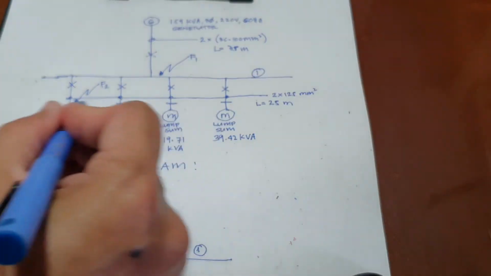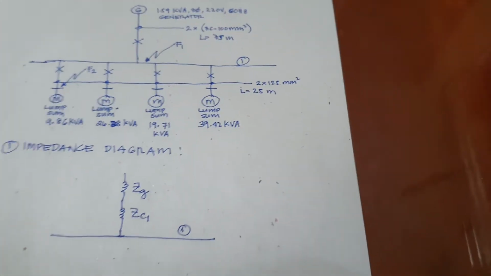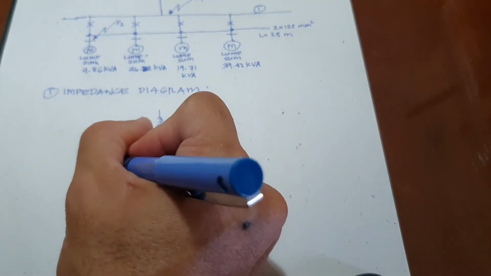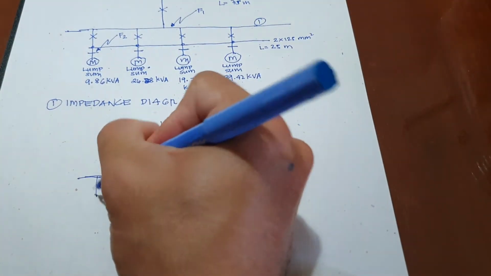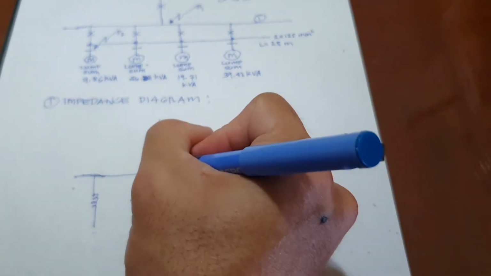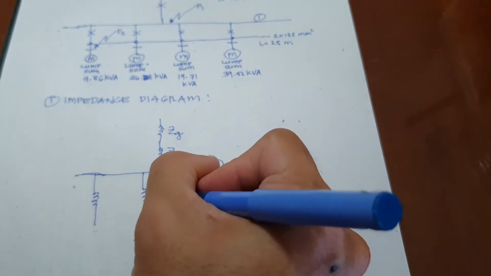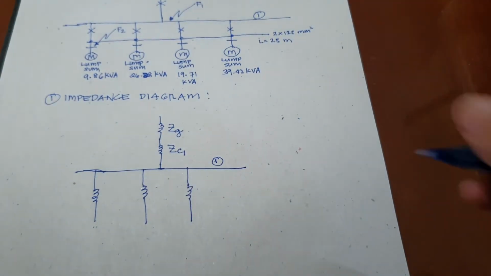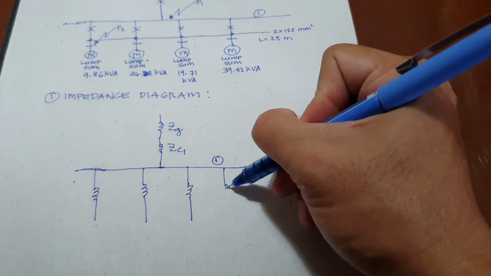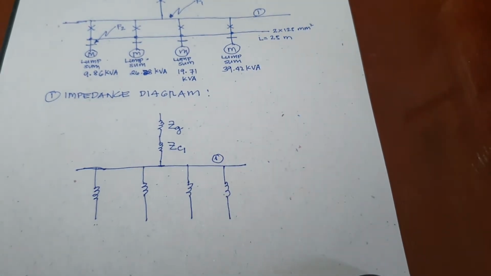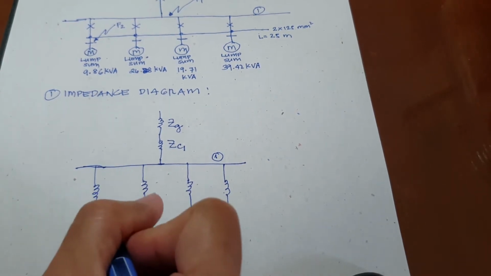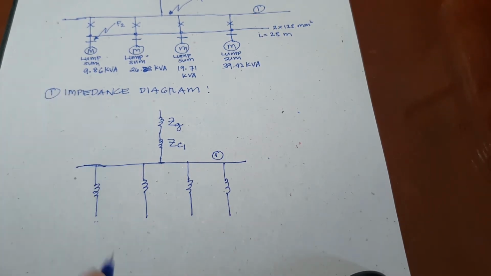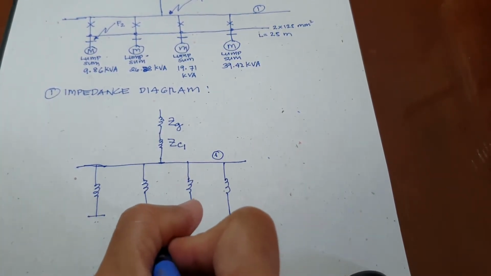You have four outgoing feeders, and also the bus of each submain. These are the sub feeders of each submain, and you have the bus of each submain.